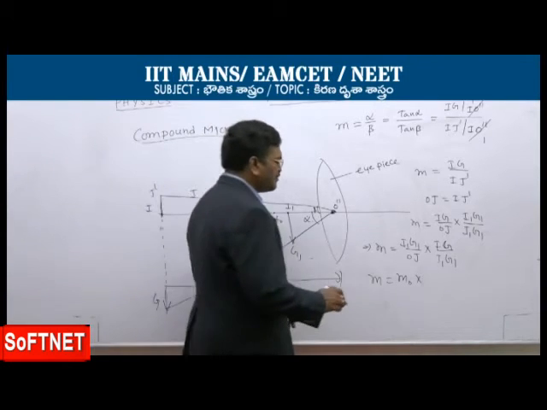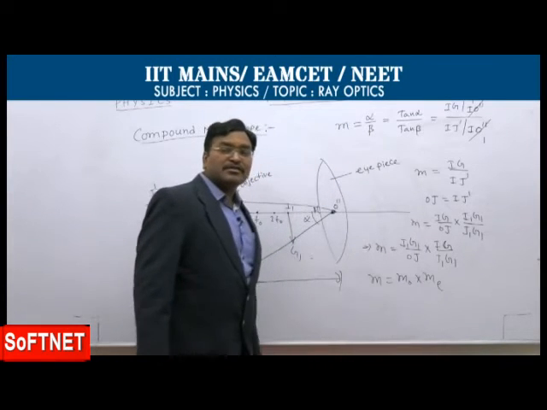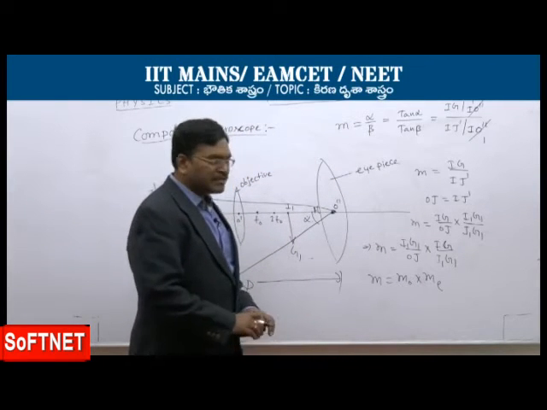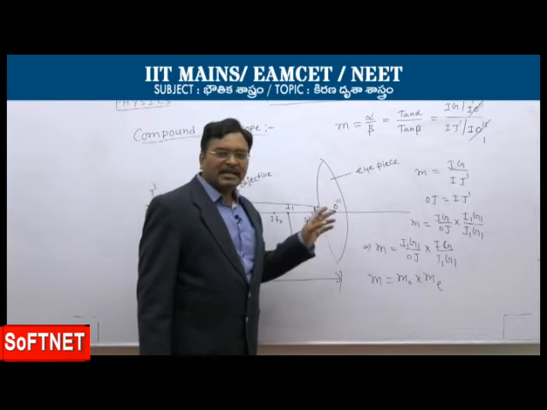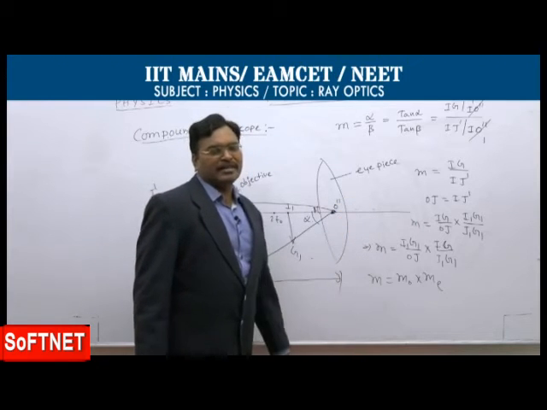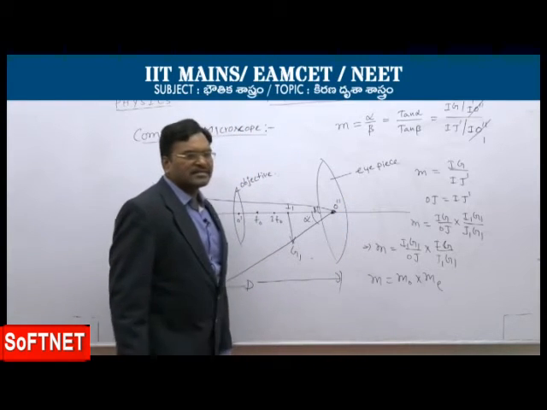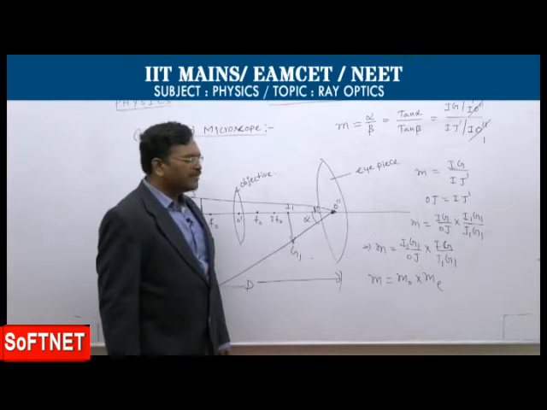That's why m is equal to M naught into Me. In a simple microscope we have the magnification of the eyepiece only. But in a compound microscope, the magnification becomes M naught into Me, since we are using two converging lenses. That's why we get more magnification.